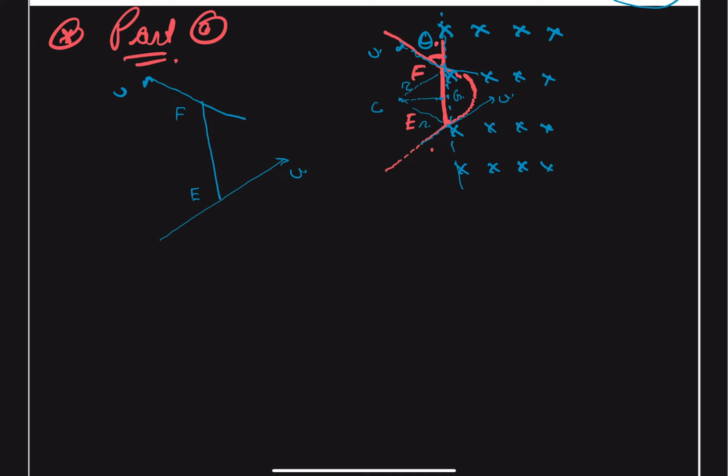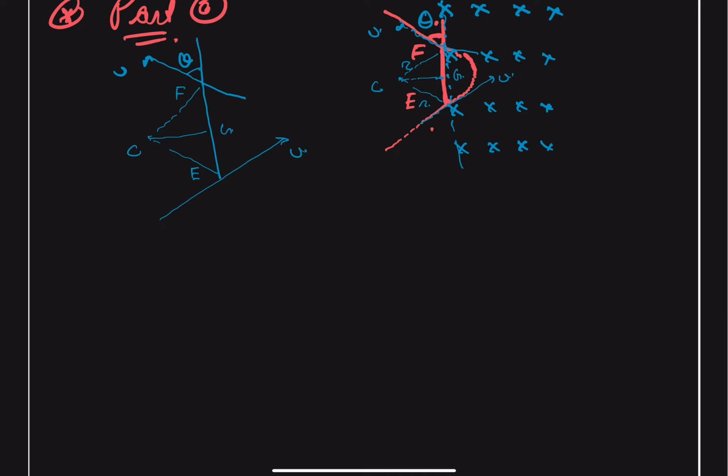We have center C, and this is our G, and here it is making angle theta. So we can easily understand this angle will be 45, and this angle will also be 45, and this will be 90 degrees.